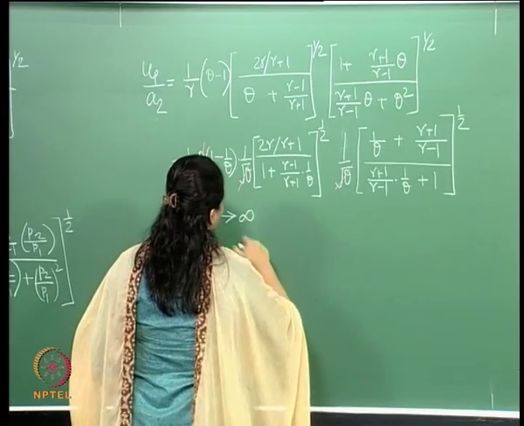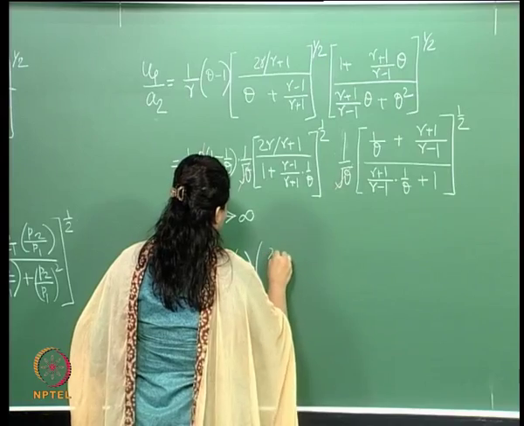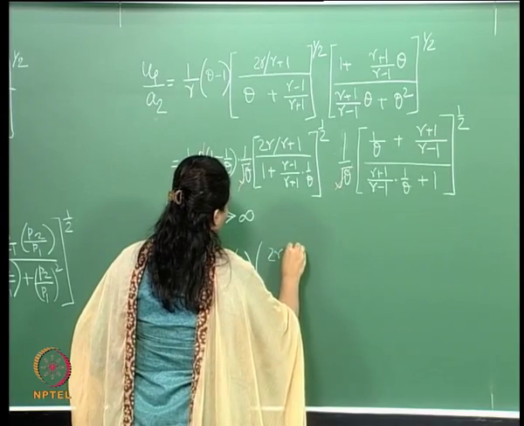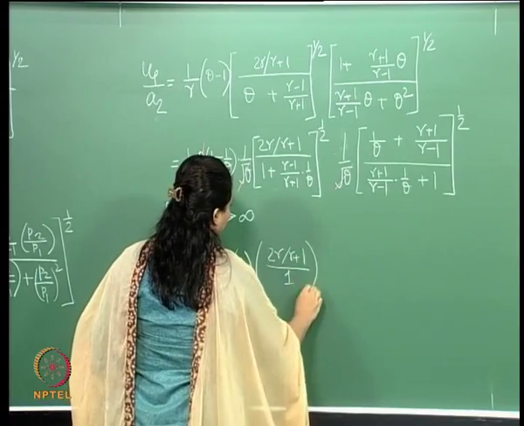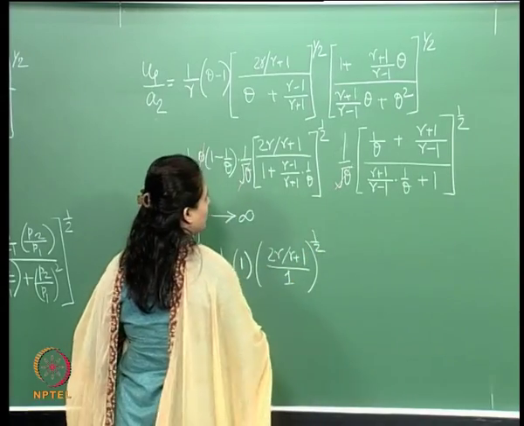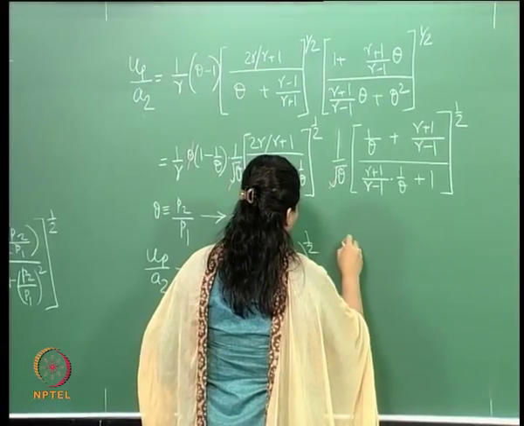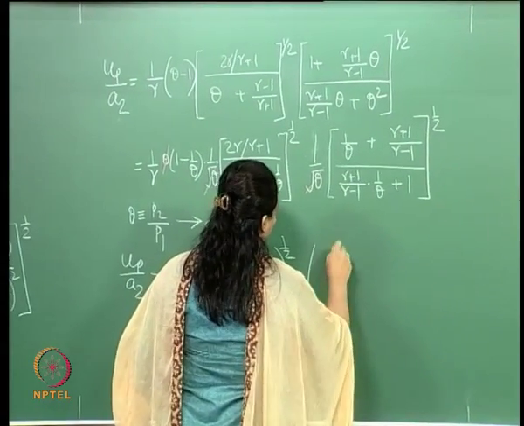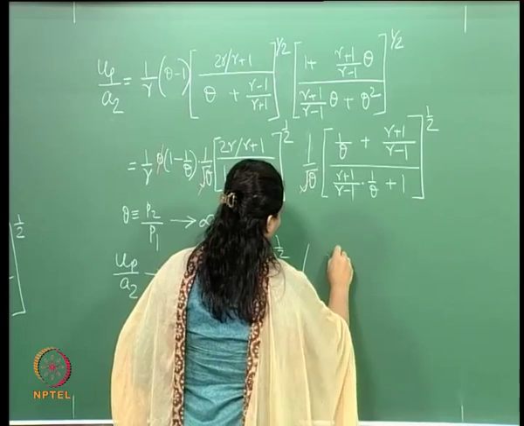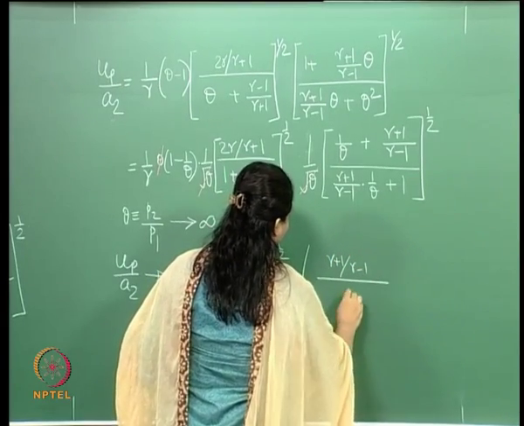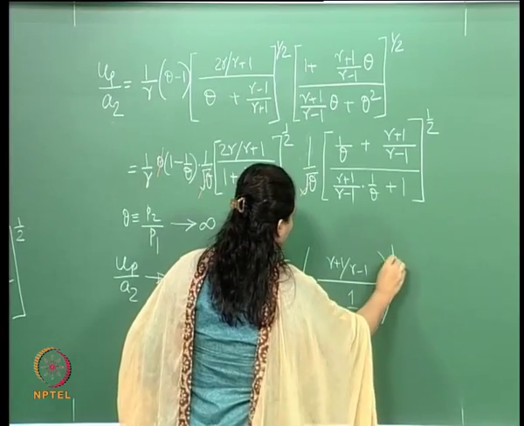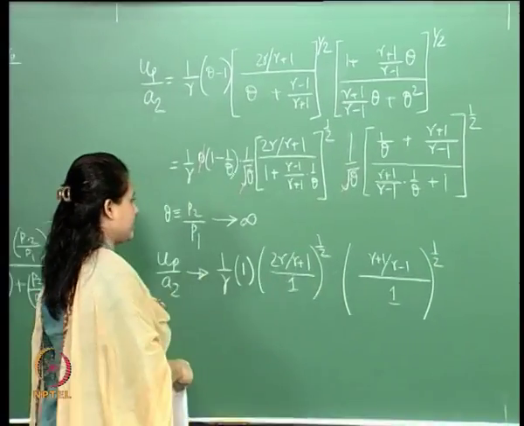Then in here what we get is 2 gamma by gamma plus 1. At the bottom we get 1. This is square root. What we get over here is again 0, and 1, and what we get is this.